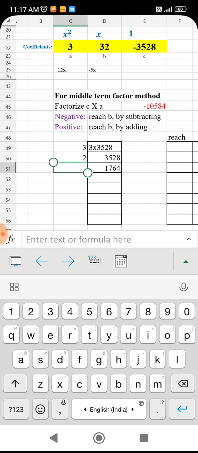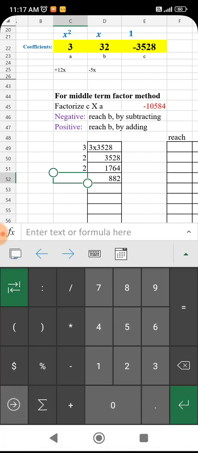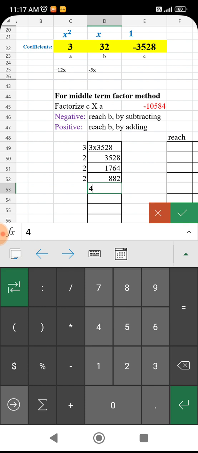Once again we can take 2, and it will become 882. Once again we can take 2, and it will become 441.